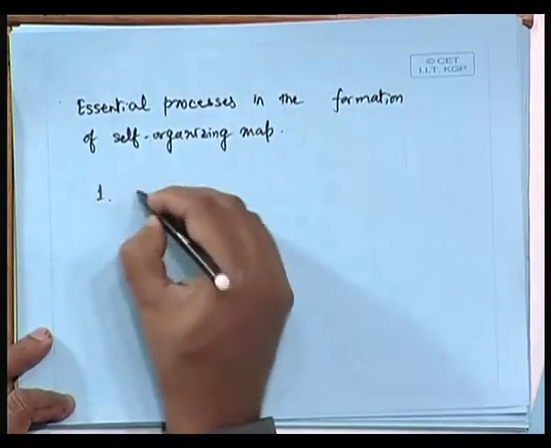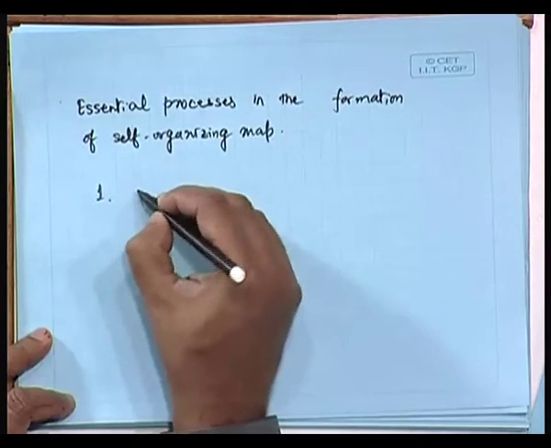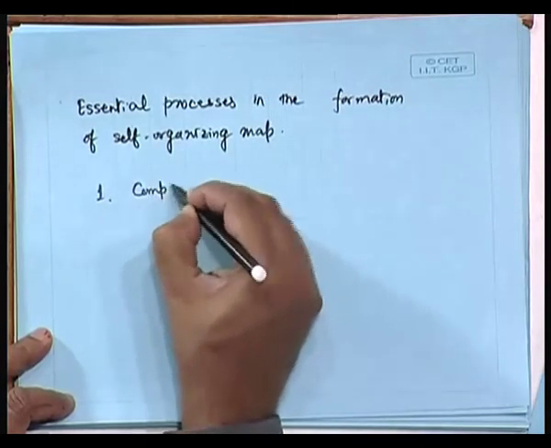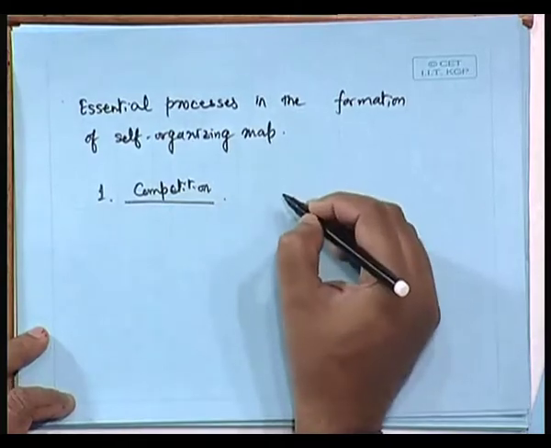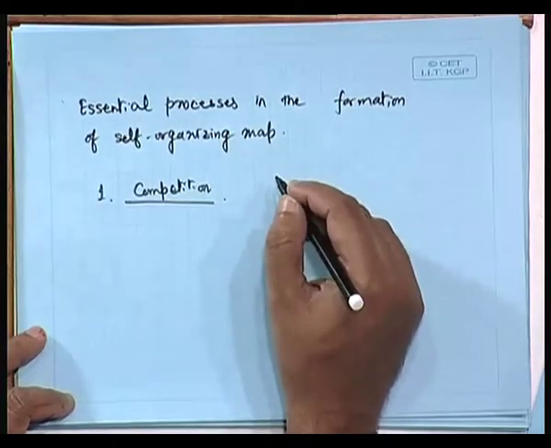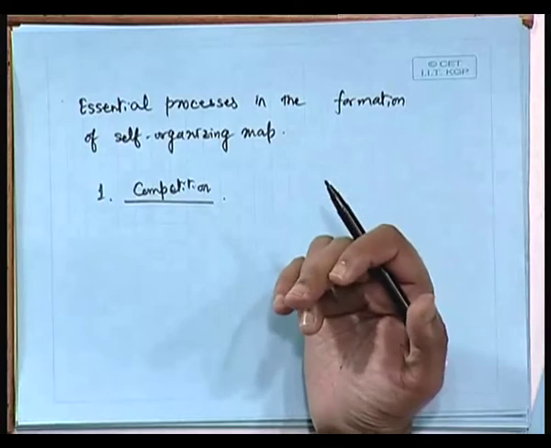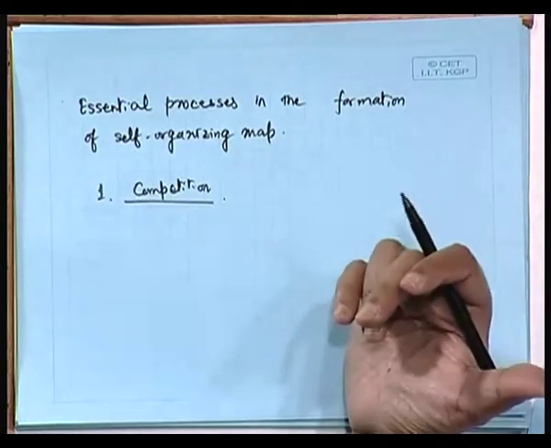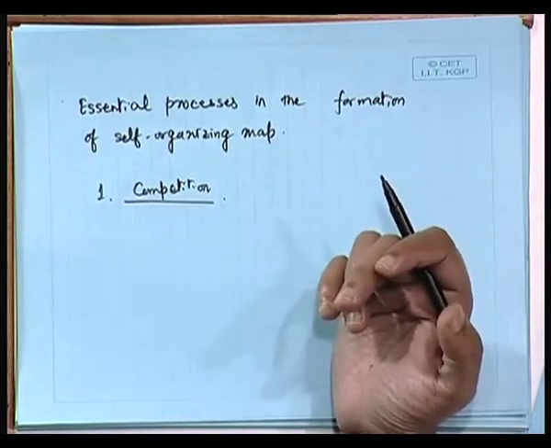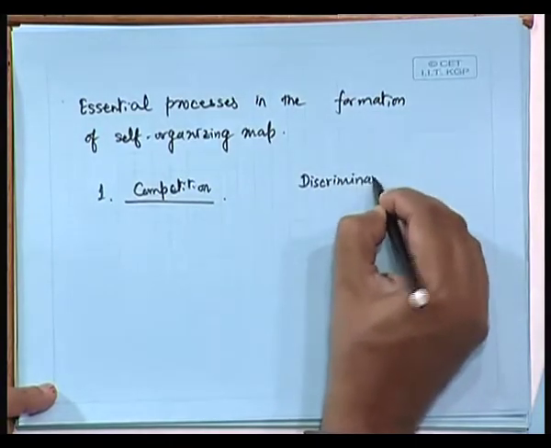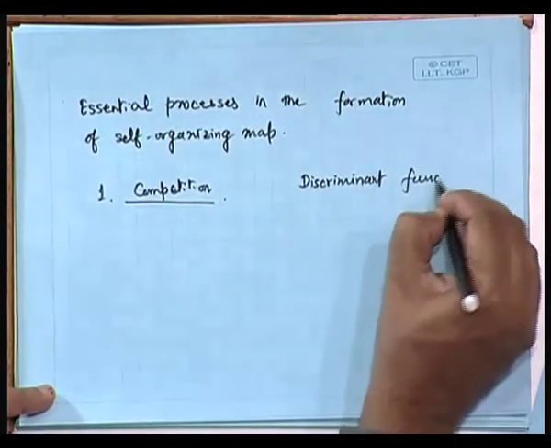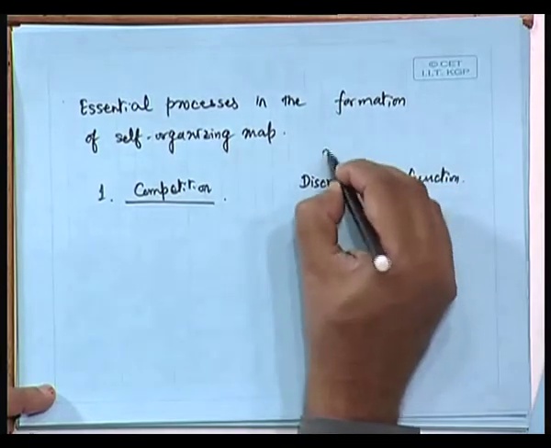Here the first process is what is called the competition. Competition basically means that for each input pattern, the neurons in the output layer will determine the value of a function. That function we will be calling the discriminant function.